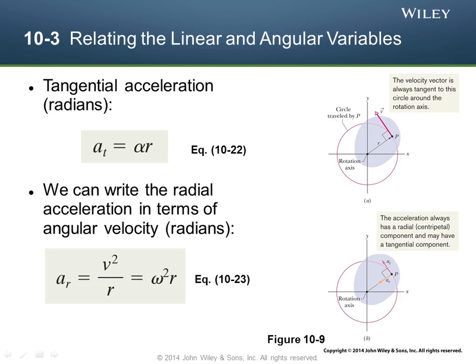Likewise, we can find the tangential acceleration of something that's rotating to be alpha times r, but then there's also going to be the centripetal acceleration, or what we call the radial acceleration. And we can write that in terms of the angular velocity, because we know centripetal acceleration is v squared over r, where v is our tangential velocity.